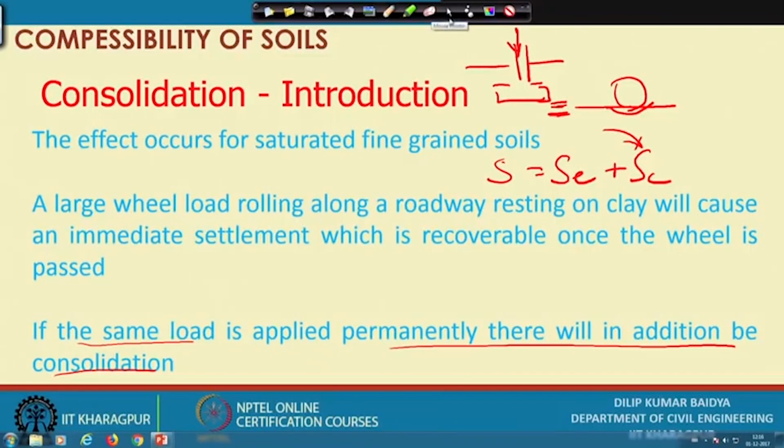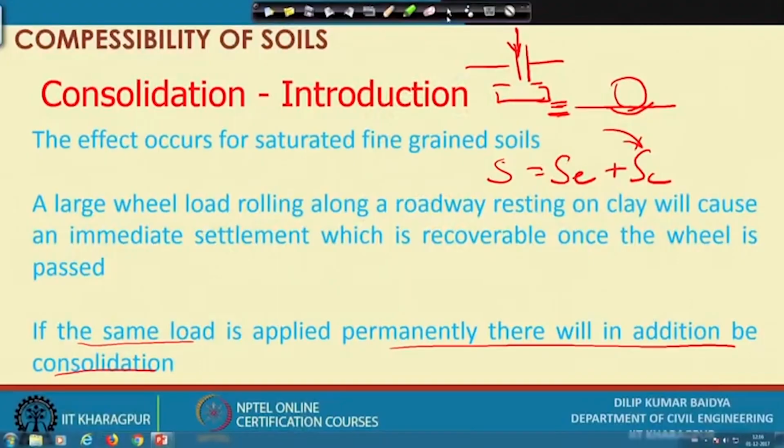Further, this mechanism of consolidation etcetera we will discuss later on, when we address the issue of rate of consolidation, that is how long it will take. Suppose I know a particular foundation will undergo this much consolidation settlement, my second question will be how long it will take to complete the consolidation settlement.